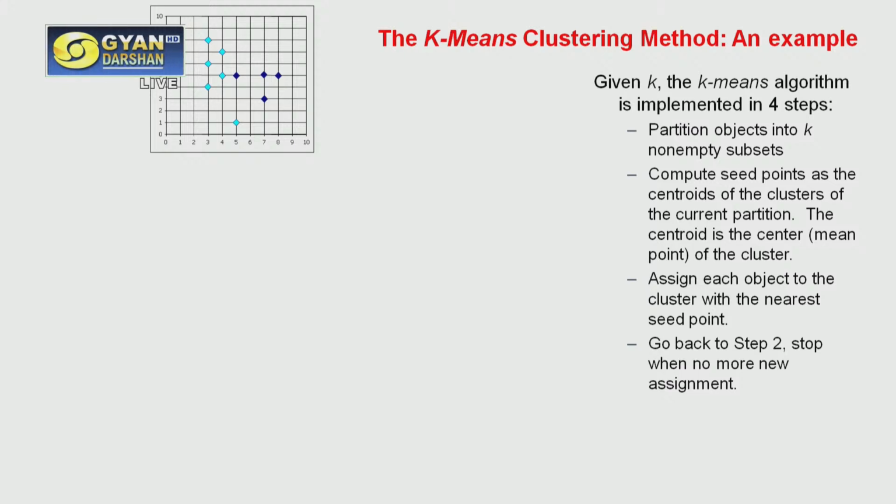We need to partition the objects into k non-empty subsets. We need to compute the seed point as the centroid of the cluster of the current partition. The centroid is the center or mean point of that particular cluster, or sometimes we call it the average of that particular cluster. After that, we need to assign each object to the cluster with the nearest seed point.